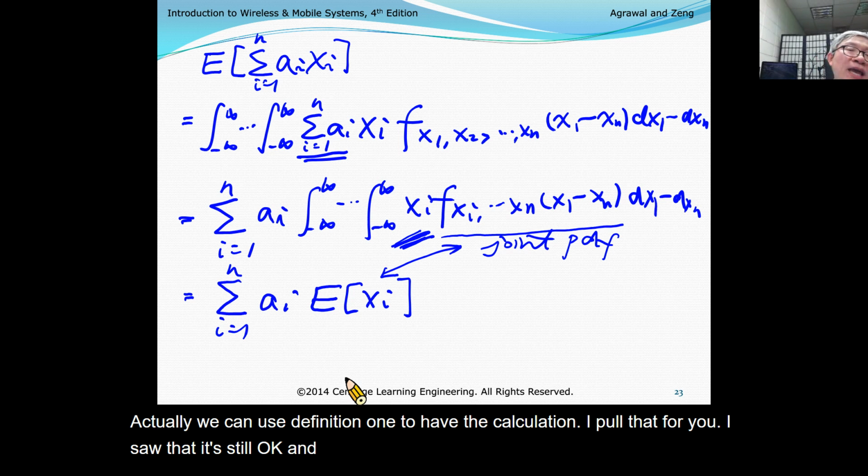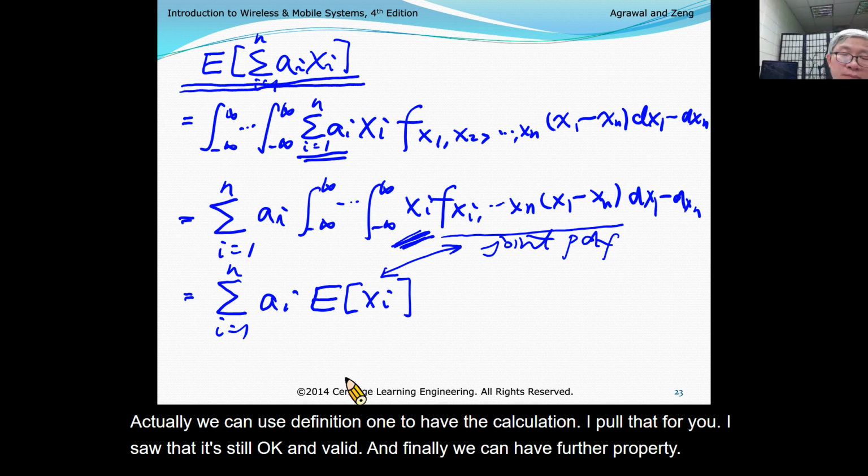And finally, we can have the property. Right? This is the sum property.